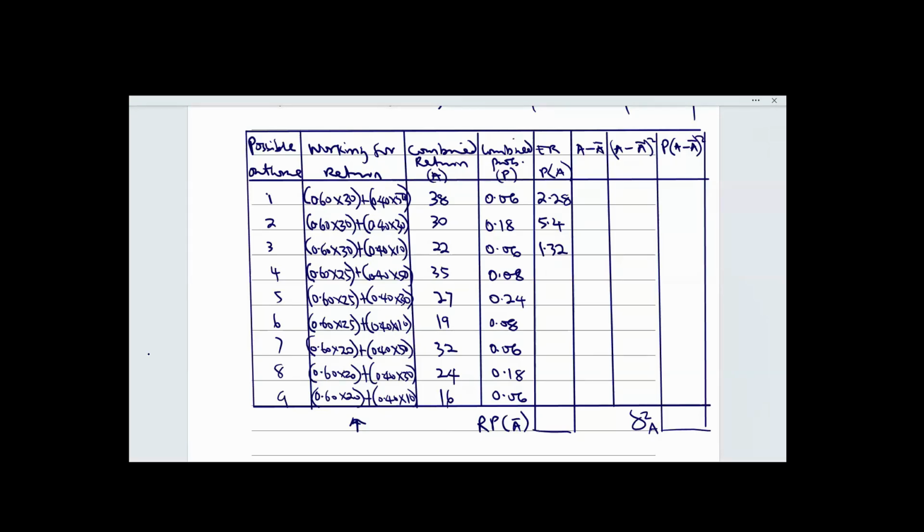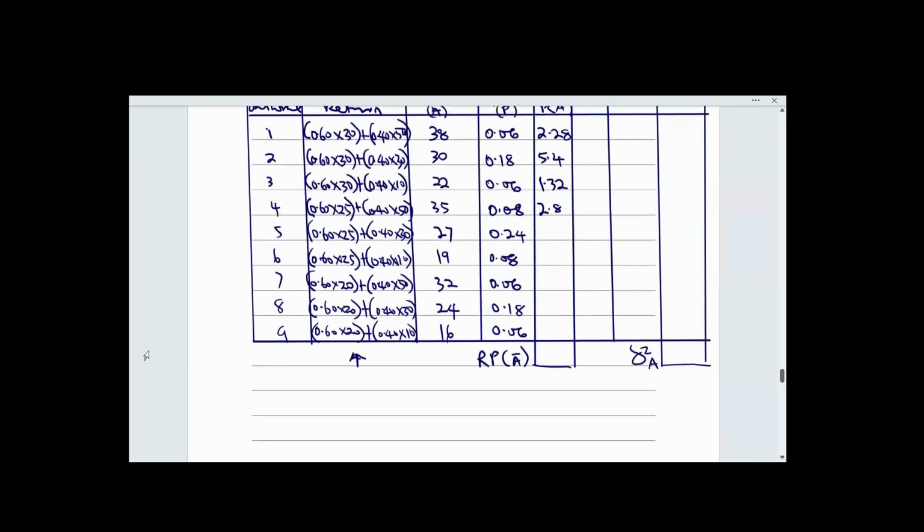2.8. Then 27 multiplied by 0.24, 6.48. 19 multiplied by 0.08, 1.52.